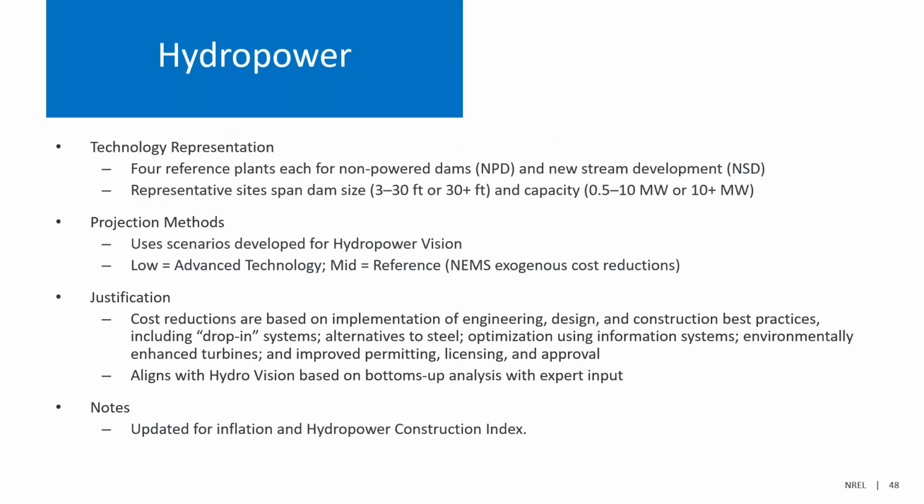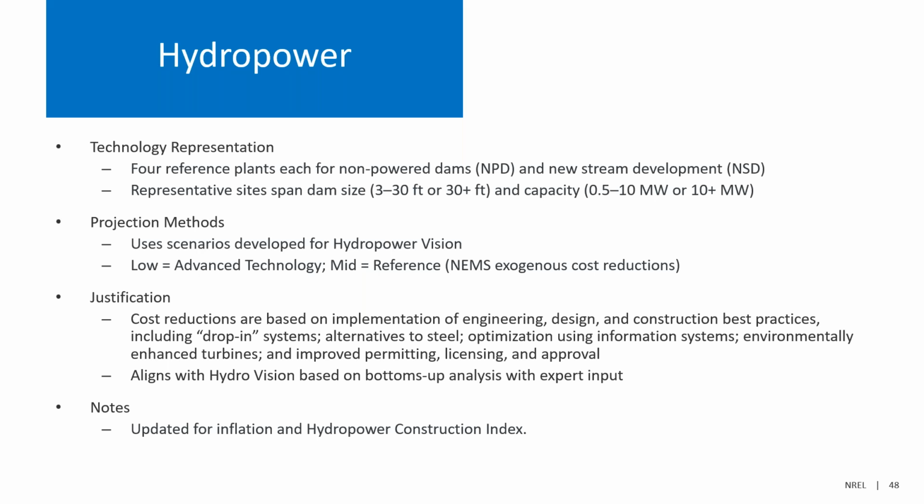So on hydropower, the technology representation is tied to the type of resource, and this is because the costs and performance at hydropower sites are firmly tied to the kind of resource, and there's a lot of variation.